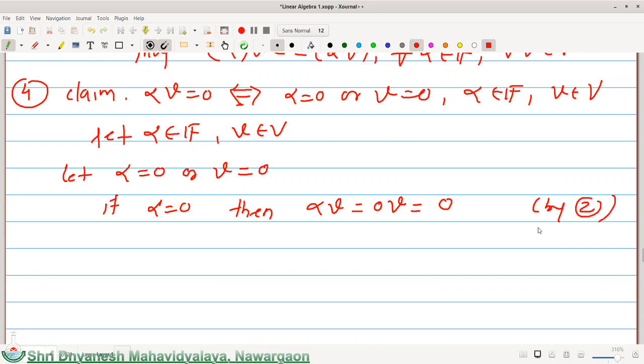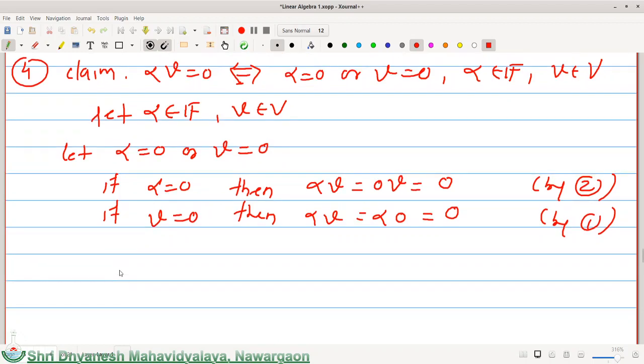If v is equal to 0, because "or" is there, that is why we are writing this. So if v is equal to 0, then alpha into v will be alpha into 0, and in number 1 we have proved alpha into 0 is equal to 0. So in both cases, even if alpha is equal to 0 or v is equal to 0, we are getting the product of alpha into v equal to 0. So we have proved the first part.